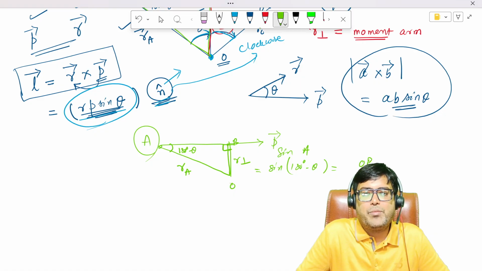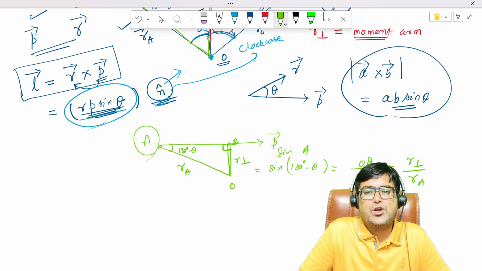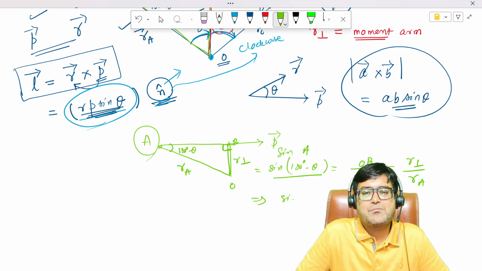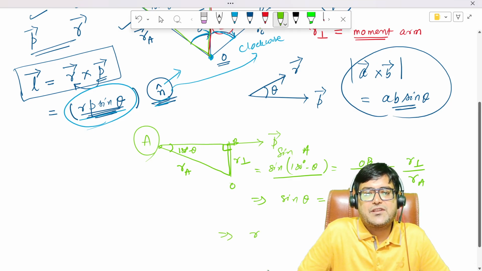So it's going to be OB divided by the hypotenuse, O to A. Now OB is your r perpendicular and O to A is just your r_A, yes or no? We also know sine of 180 degrees minus theta is nothing but sine theta. So we can say sine theta is r perpendicular over r_A. So I can write this equation that r_A sine theta equals r perpendicular, yes or no?